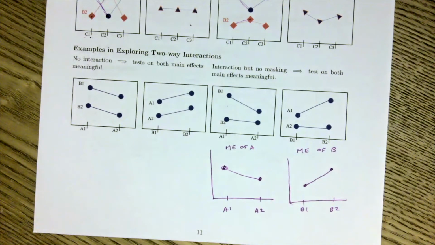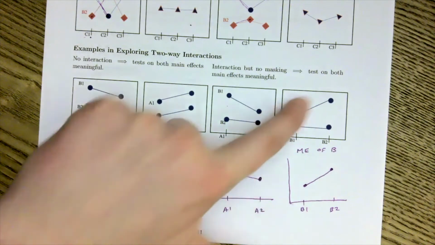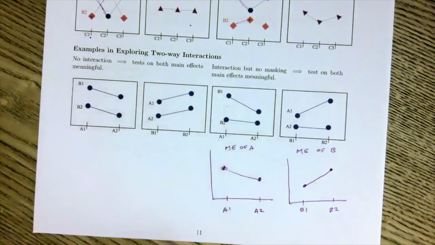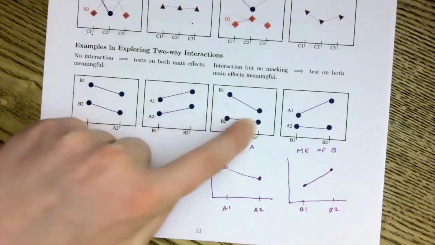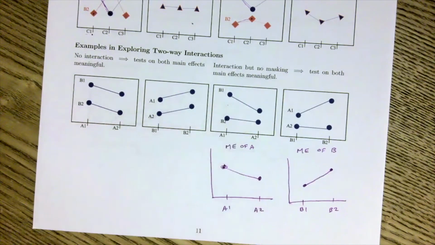But A1 looks like it's increasing more than A2. For our main effects of A, we would say that A is decreasing, which is true. For both, you can see they're kind of decreasing, but B2 doesn't decrease as much as B1.